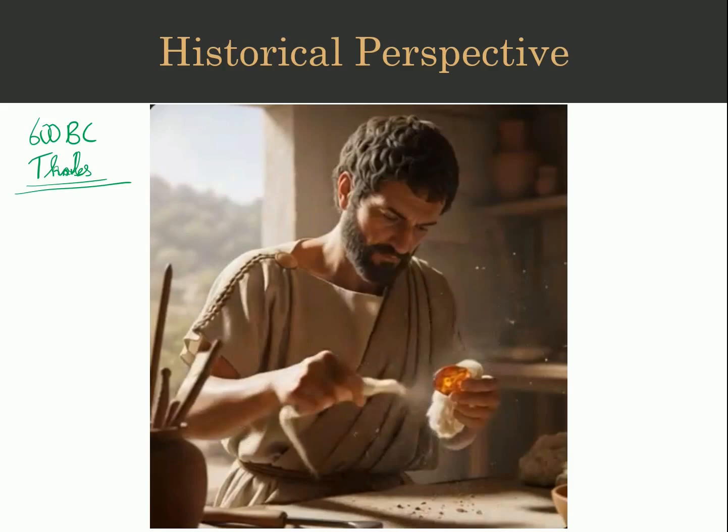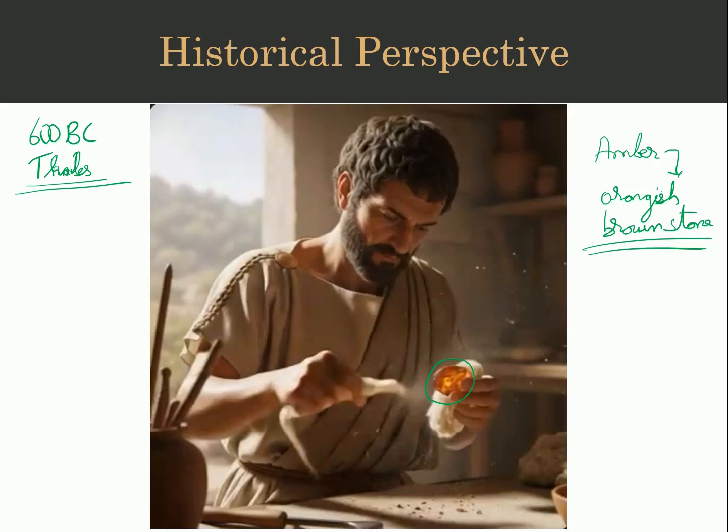What happened is that he took a piece of amber, which is a part of a tree that has become solidified because of the liquids it generates, and it turns into an orangish brown colored stone. So this is what amber is.